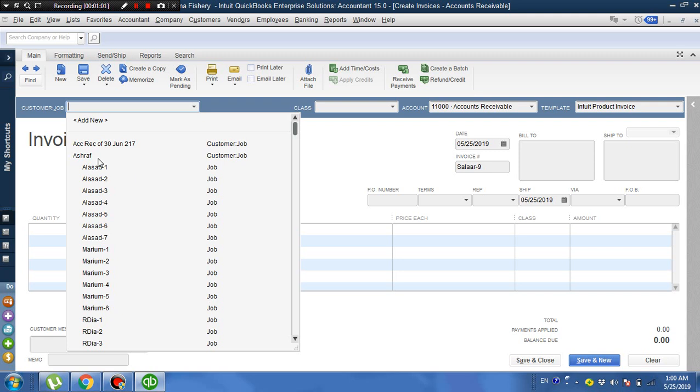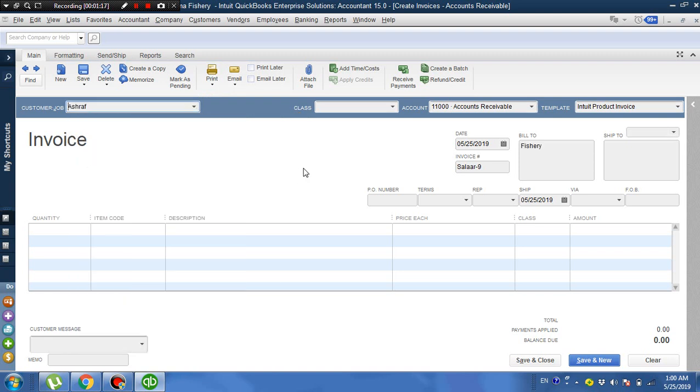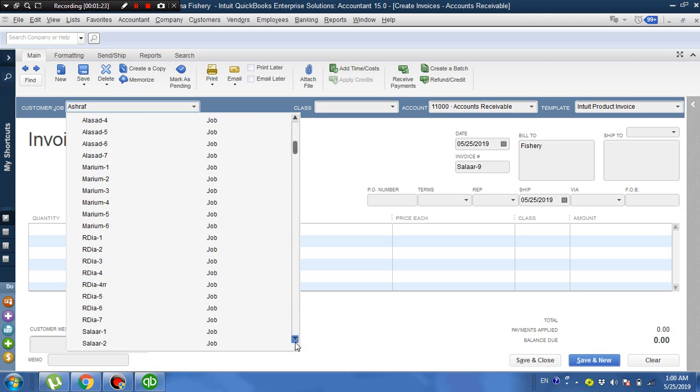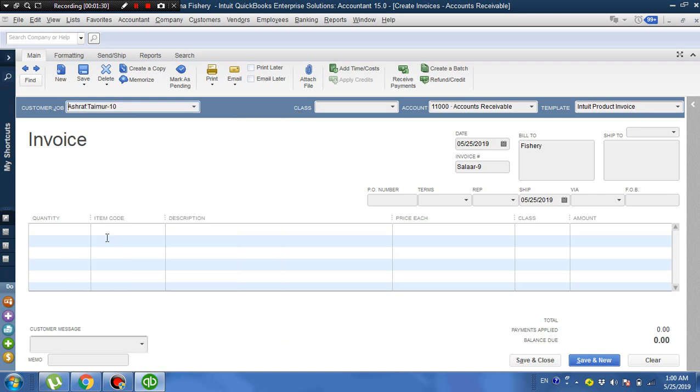Look at this, here are the customers. We'll be selecting which customer. For example, we are going to make a sale invoice for this Ashraf customer. Going down to Taimur 10, here is the Taimur 10 which we have made in this course. So we will make the invoice on this.